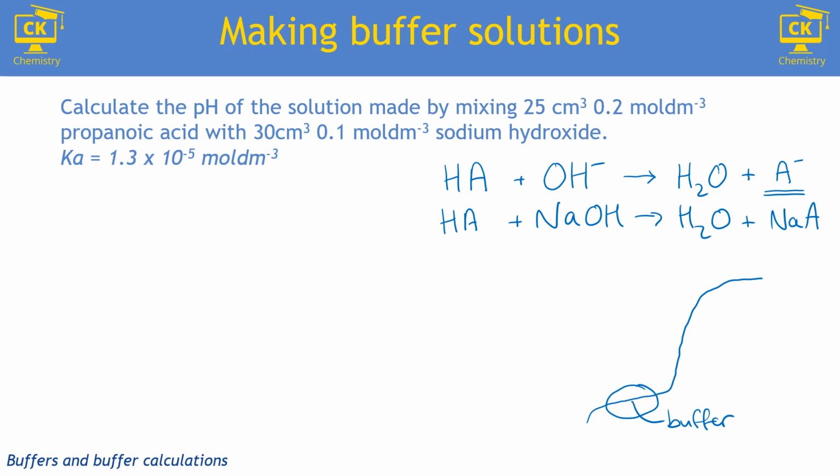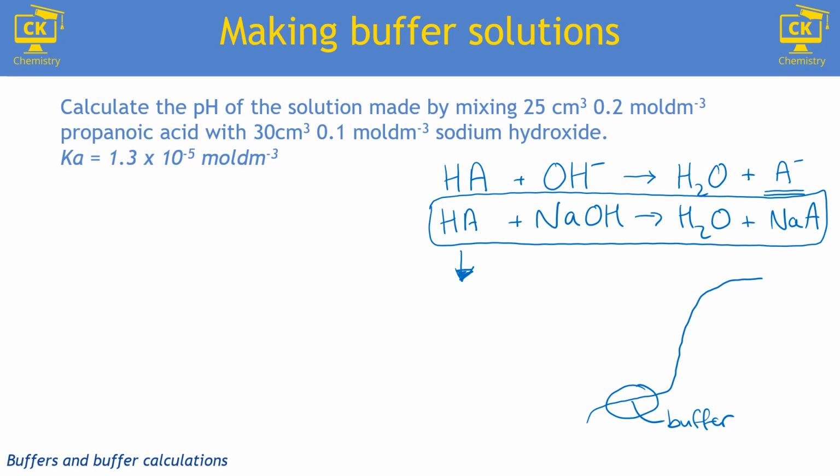So how do we do the calculation? Moles, moles, moles. Remember, it's all about moles. So this time, however, my moles doesn't stay the same all the way through. When we mixed HA and A-, they don't change the concentrations or the number of moles of each other. But when I mix HA and sodium hydroxide, then my moles of HA, undissociated acid, is obviously going to go down because I'm reacting with alkali.